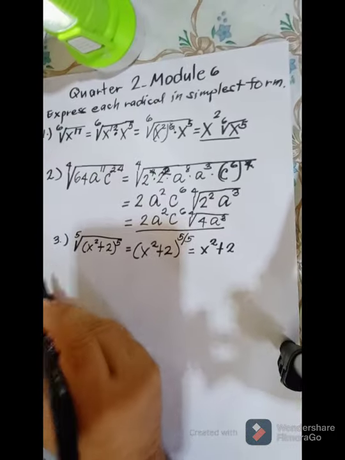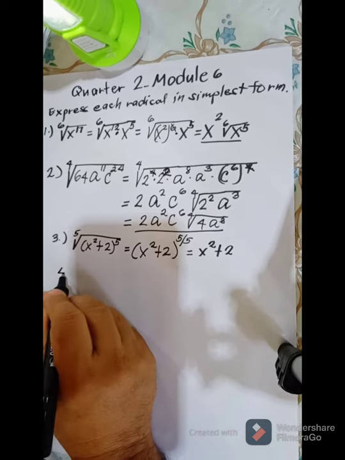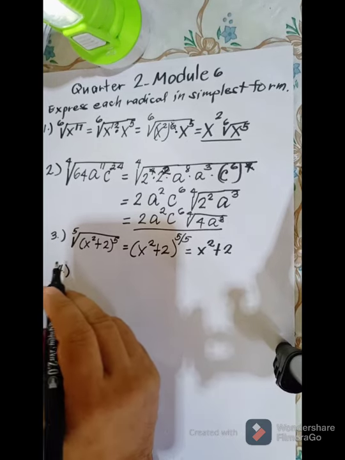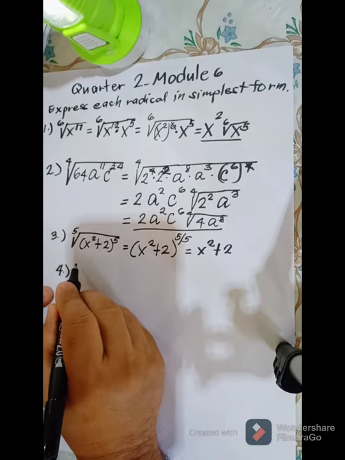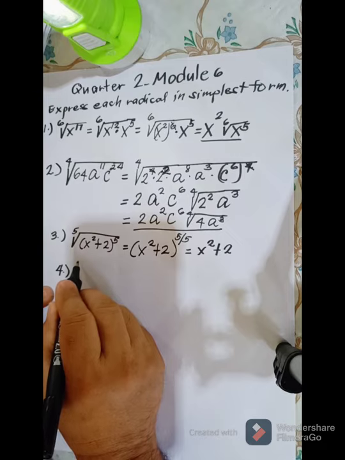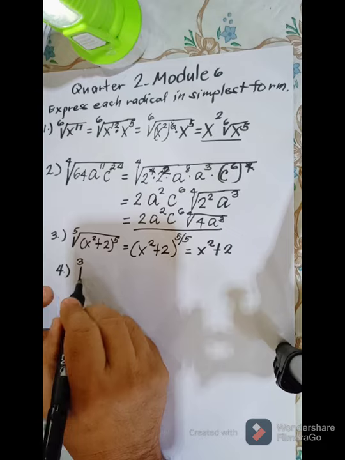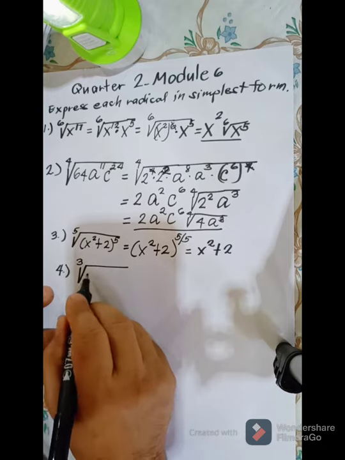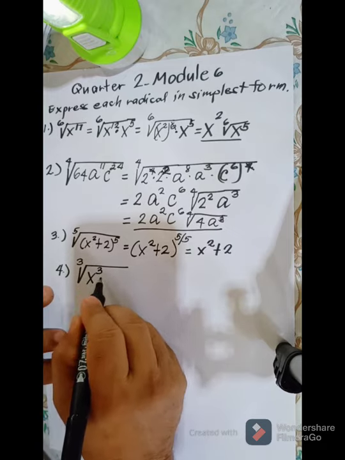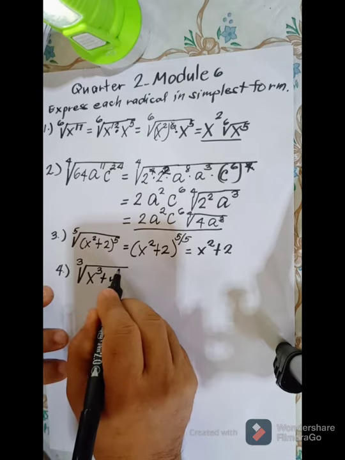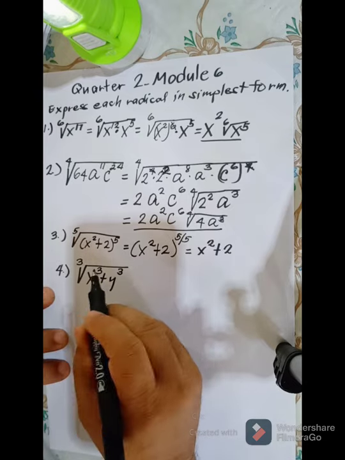Yay. Here we go to number 4. Our number 4 is the cube root of x cubed plus y cubed.